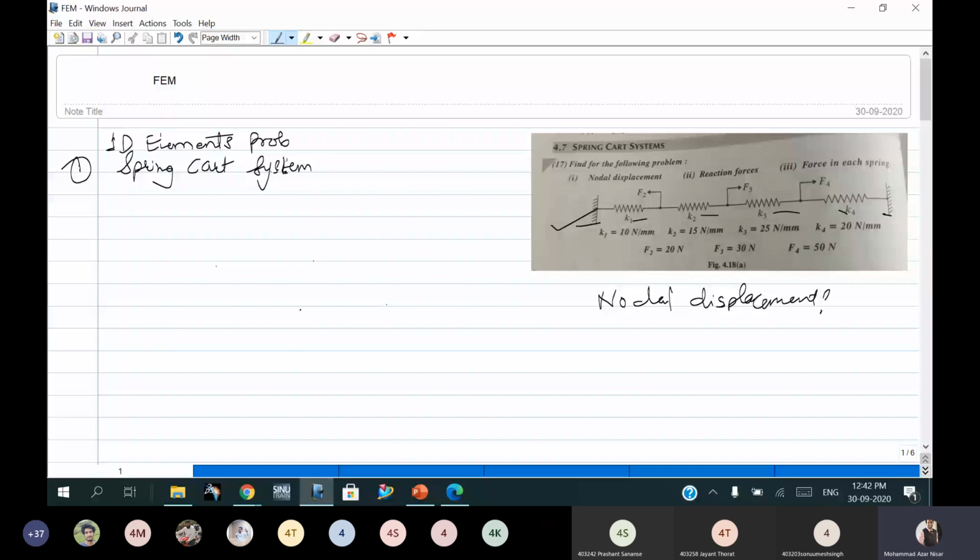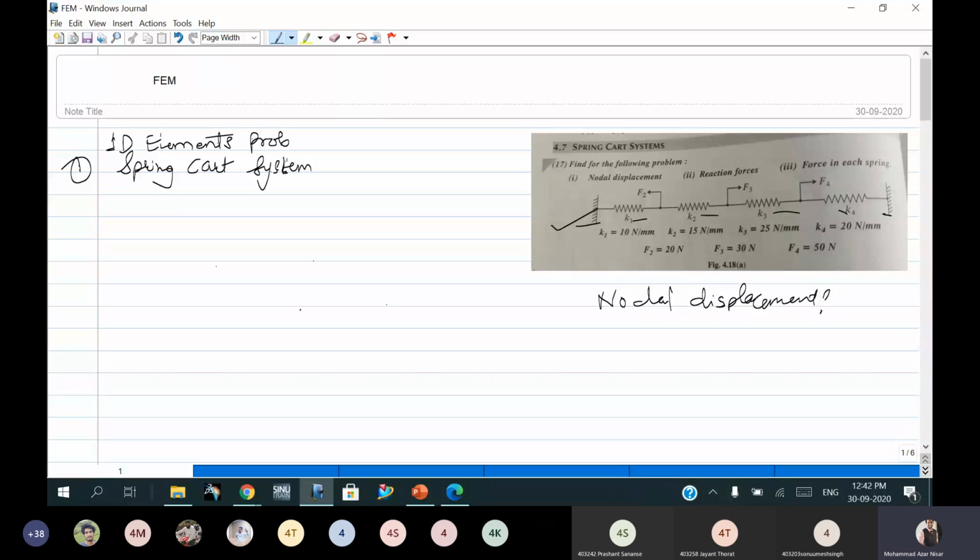At that time, using matrix methods, you have to solve the nodal displacements, then balance the reaction forces and check that the sum is equal to 0. So we'll start with this.